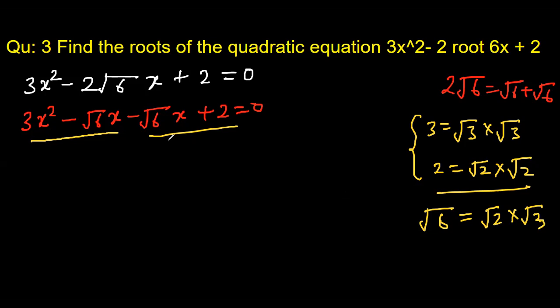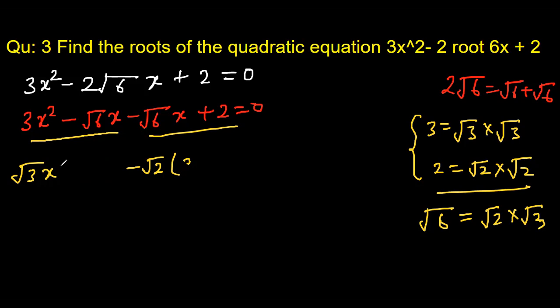Now we'll apply these things here. And we observe that square root of 3x is common in the first two terms, and then we get x minus square root of 2. Let us write it again.